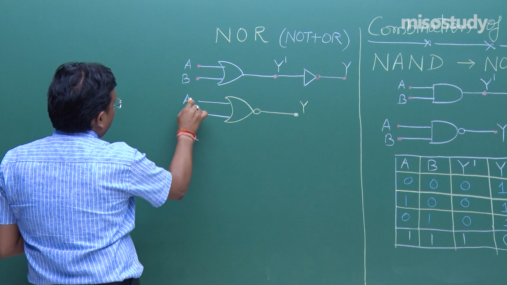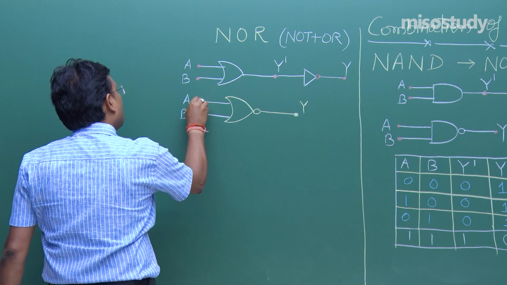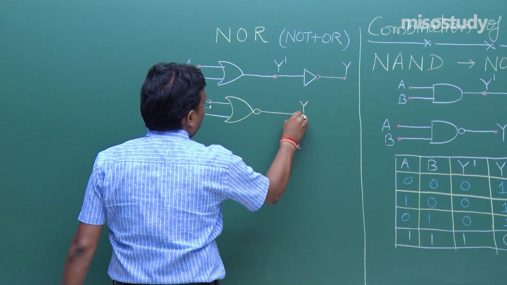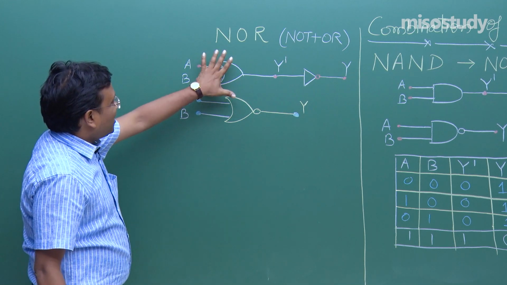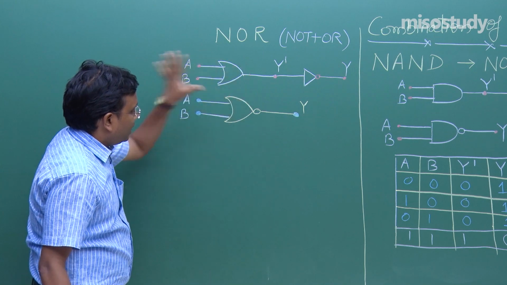Both are symbolic representations. Now I use blue chalk. It's up to me to use blue, red, green, yellow, whatever I want. The point is, the diagram should be clear to you. So this is the circuit or symbolic representation of the NOR gate.